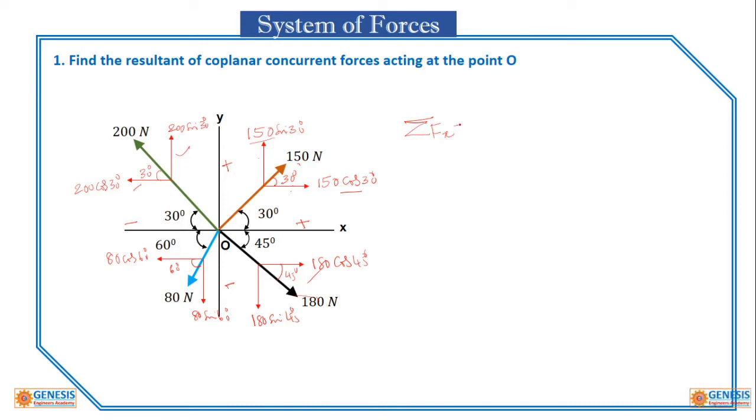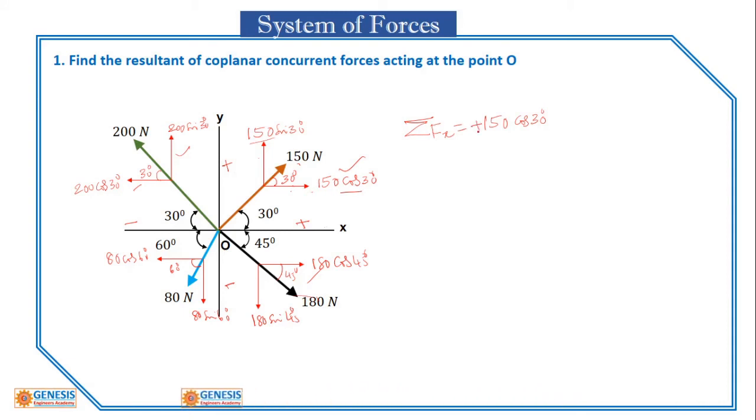So this force is 150 cos 30 degrees, and it is in the positive x direction, that is why it is positive. That one is over.